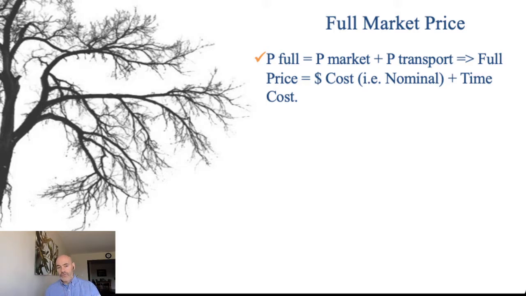So what I would like to do is to consider extension of our discussion when we talked about substitution and income effect as intrinsic part of any price change. Now we're going to extend it and think through that the full price change is actually in part due to the market equilibrium price that we observe every single day, plus transportation charge.